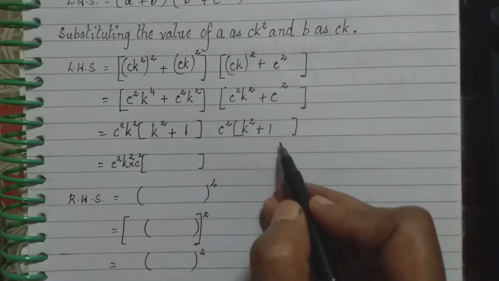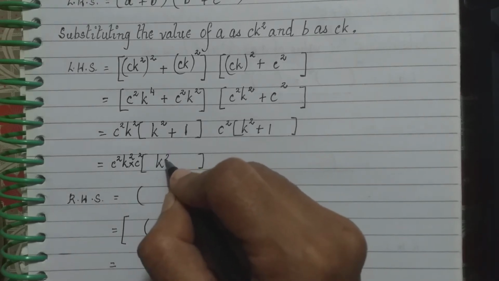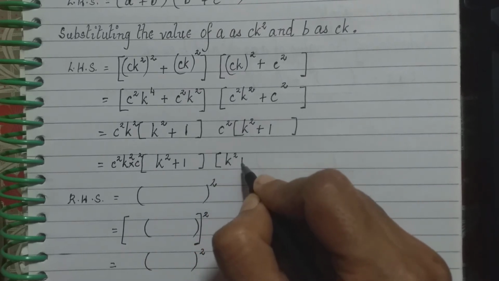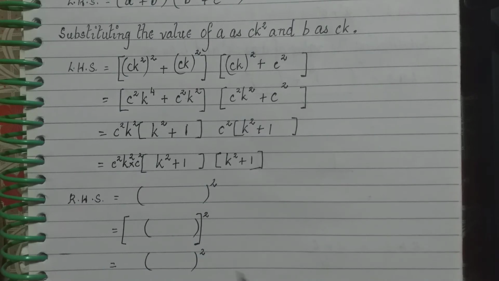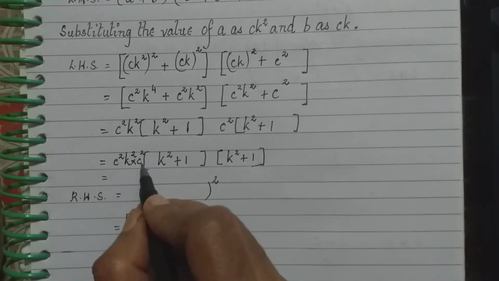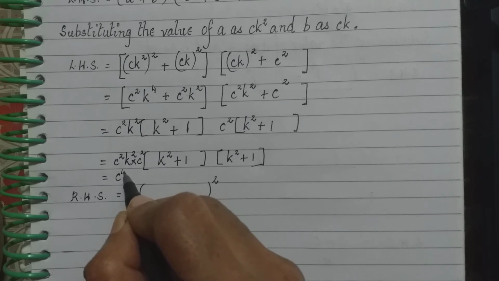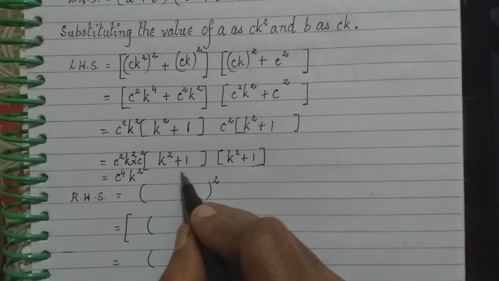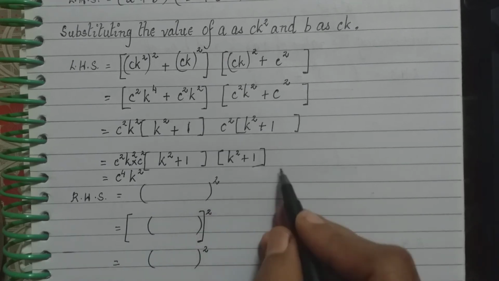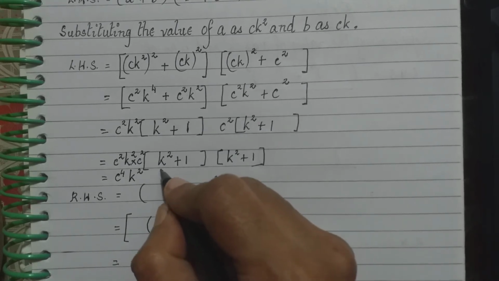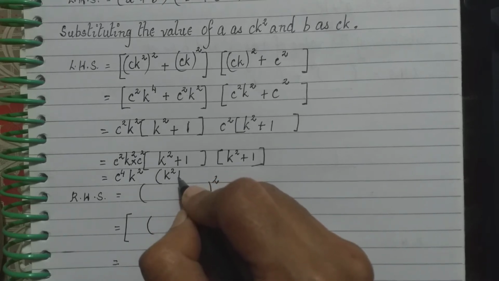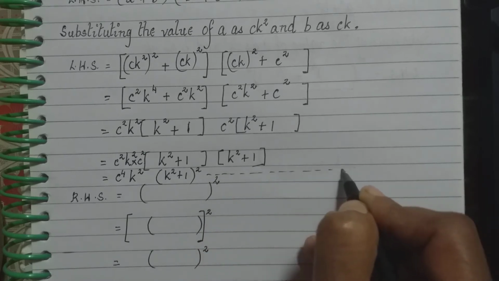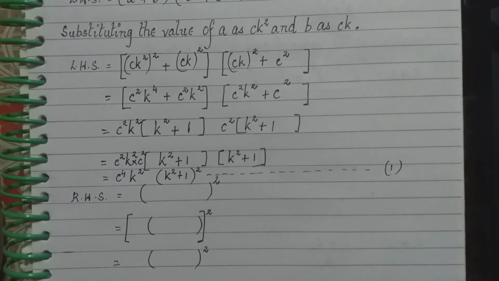Here also we have k square plus 1. So we write k square plus 1 into k square plus 1. Let us write one more step: c square into c square is c raised to 4. Here we have k square and here we have k square plus 1 into k square plus 1. The same terms, so therefore it will be whole square. So we write k square plus 1 the whole square. So this is the left hand side. So we number it as 1.